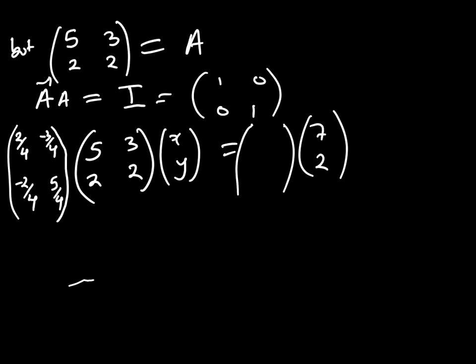The same thing happens on the other side: 2 over 4, minus 3 over 4, minus 2 over 4, and then 5 over 4. So let's multiply. I'm assuring you this is going to produce an identity matrix. Let's see.